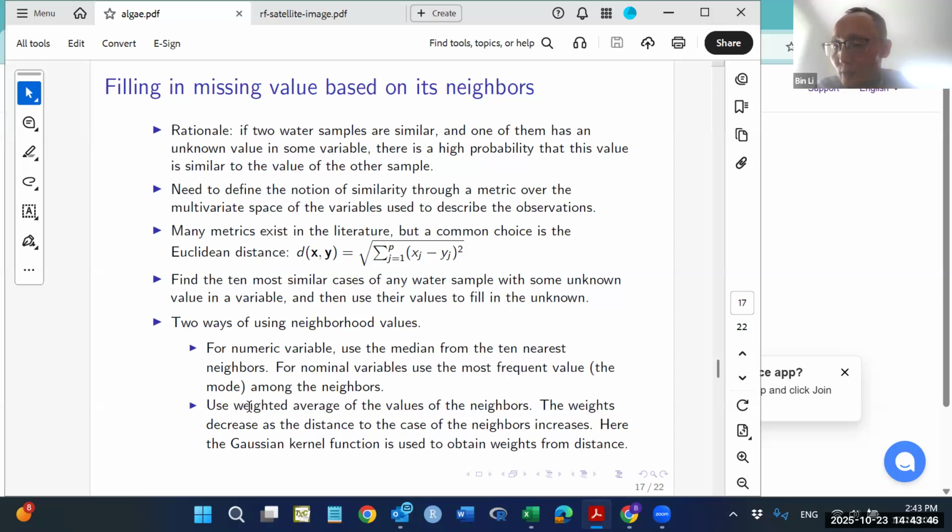But in the presentations for this group project as well as for the individual project later, you need to justify why you use this approach to remove or impute the missing values. Not just randomly pick one. You need to justify your approach.